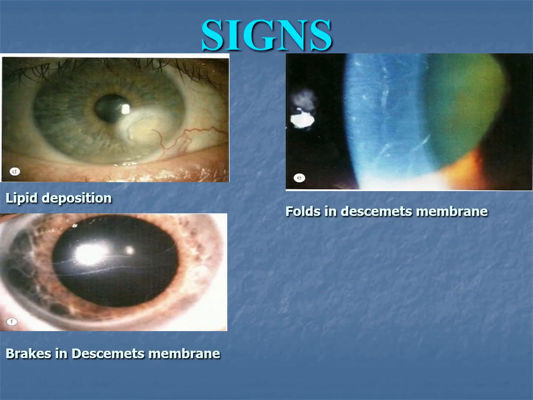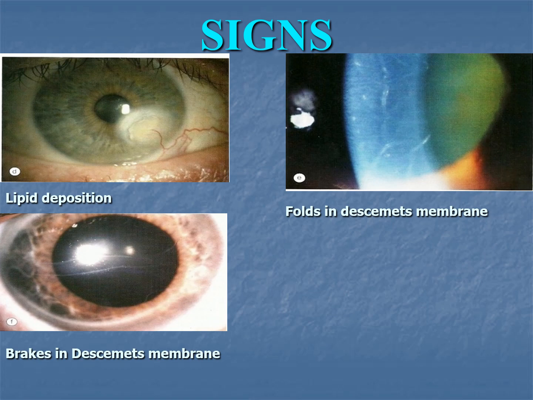In the upper left picture, you can find a healed corneal ulcer with lipid deposition and vascularization. And in the upper right picture, you can appreciate the folds in Descemet's membrane. These folds are present in cases of ocular hypotony or surgical trauma.